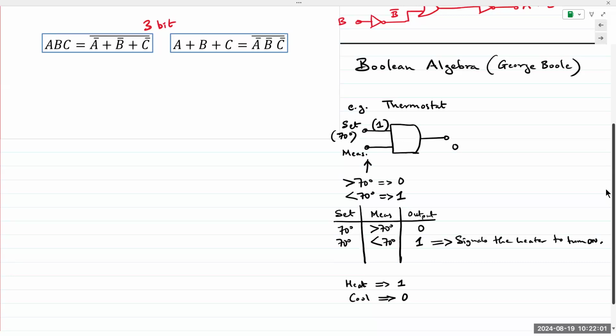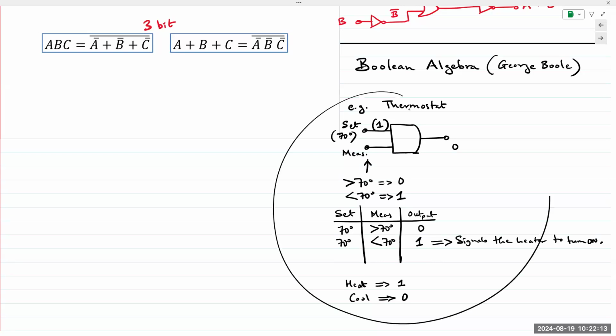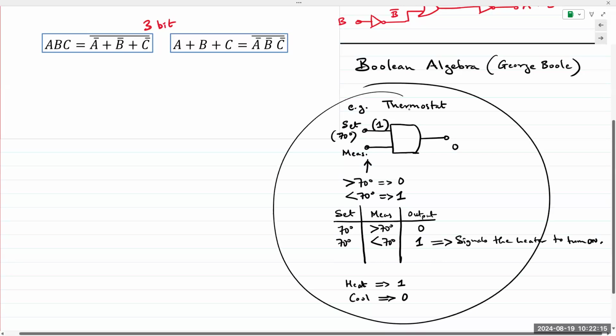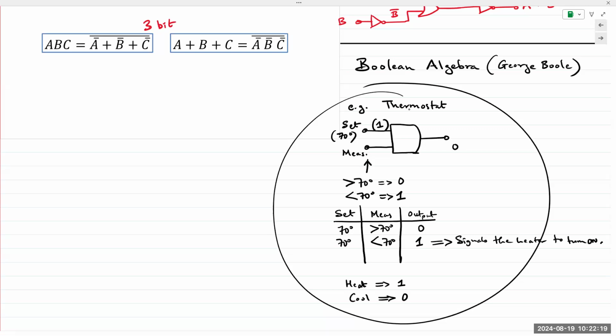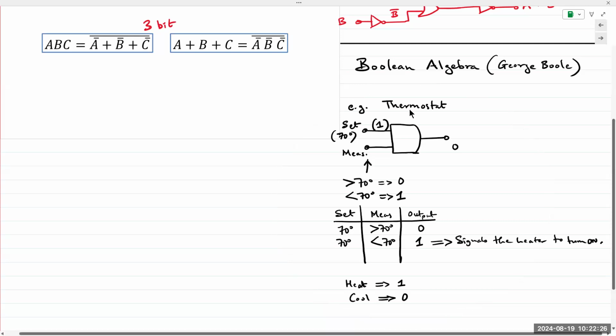NAND is pretty much the most common one that is available. So if you're designing a system from scratch and we have the option of choosing whichever gate we want, we can choose any gate we want. This system right here can be designed with any gate we want. We can use an AND gate, we can use an OR gate. The only thing that would change is the algebra. The logic would change depending on which gate we wish to use.